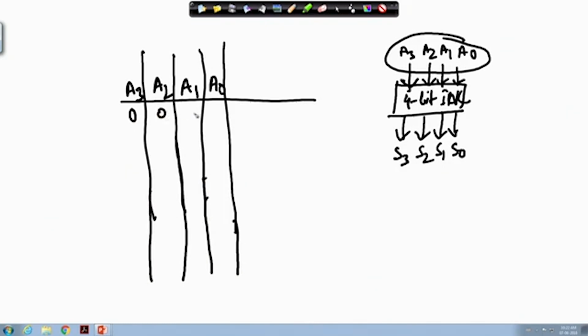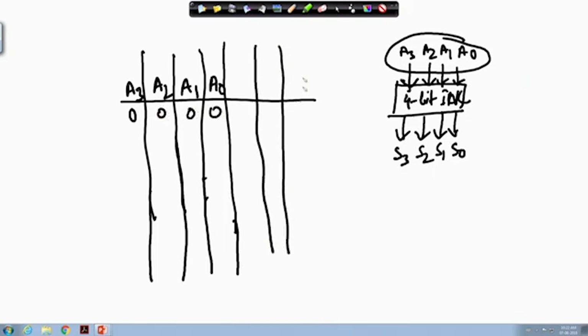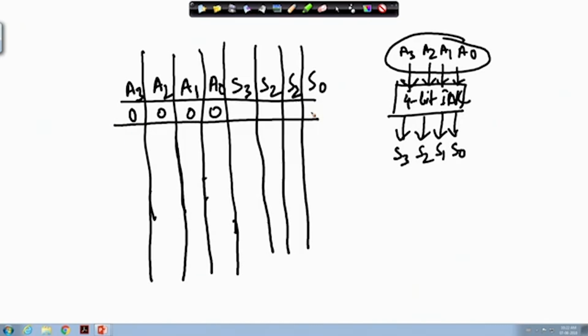I start with 0 0 0 0, and on this side I mention the output: for the corresponding input bits, what will be the output condition. If I give 0 0 0 0, the output will be 0 0 0 1.